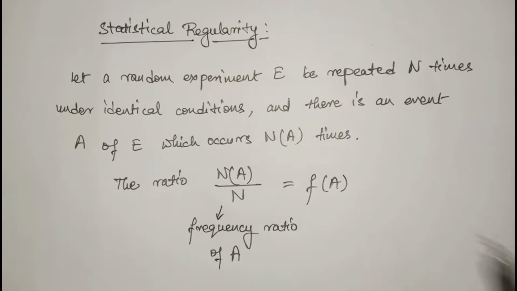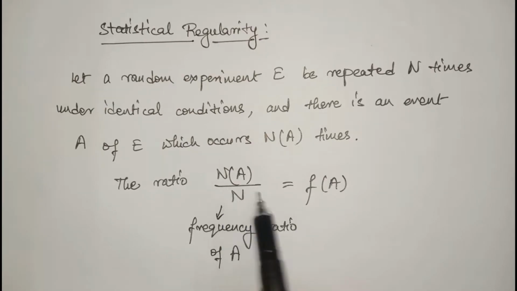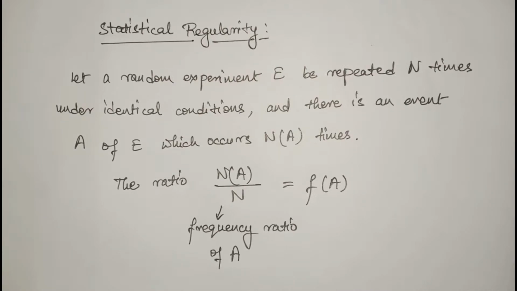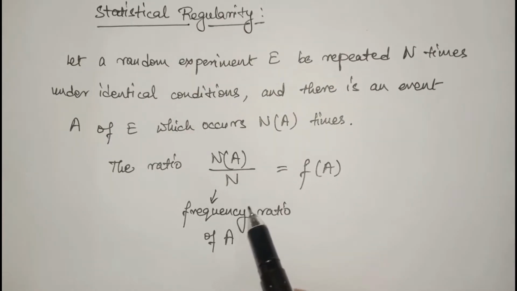Now let's say this experiment E is repeated a very large number of times. Then we will see that the frequency ratio FA, which is NA by N, gradually stabilizes to more or less a constant. That means that FA tends to a constant number as N becomes larger and larger.